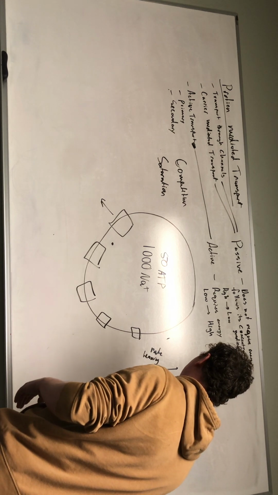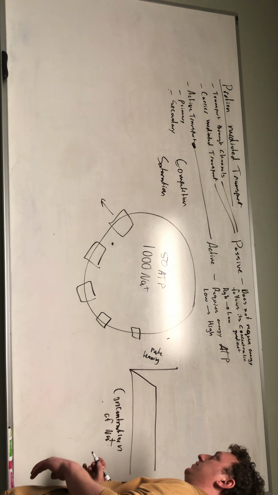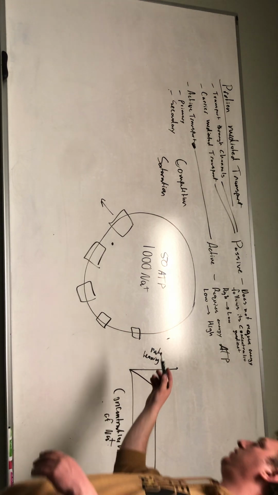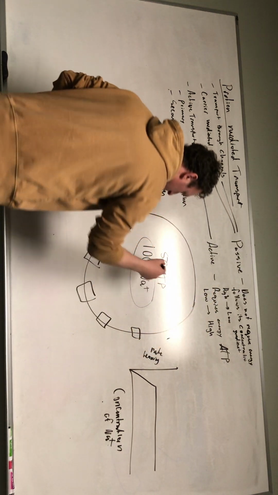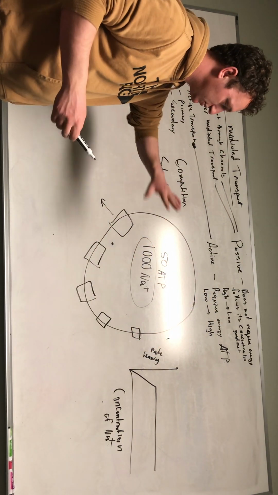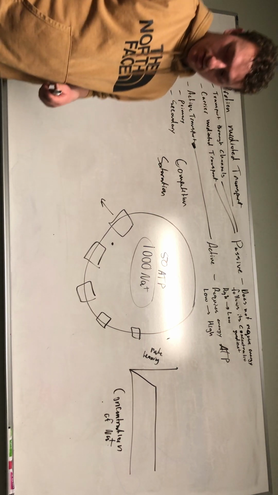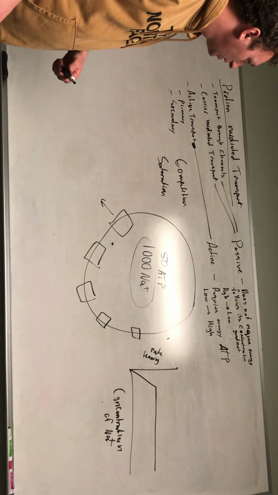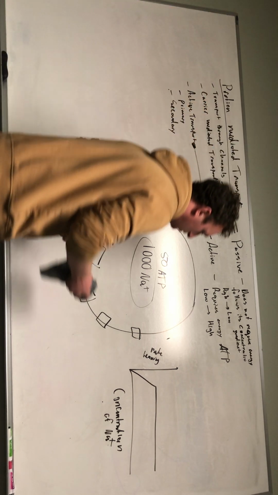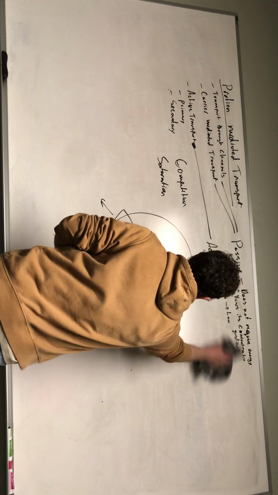So it'll do this, and then eventually it'll flatline, because you only have a limited amount of pumps, but you have a surplus of sodium, so it won't be able to get through the pumps fast enough. That rate will just flatline and not be able to go anywhere else. I think that's everything we need to talk about that. Okay, let's move on.